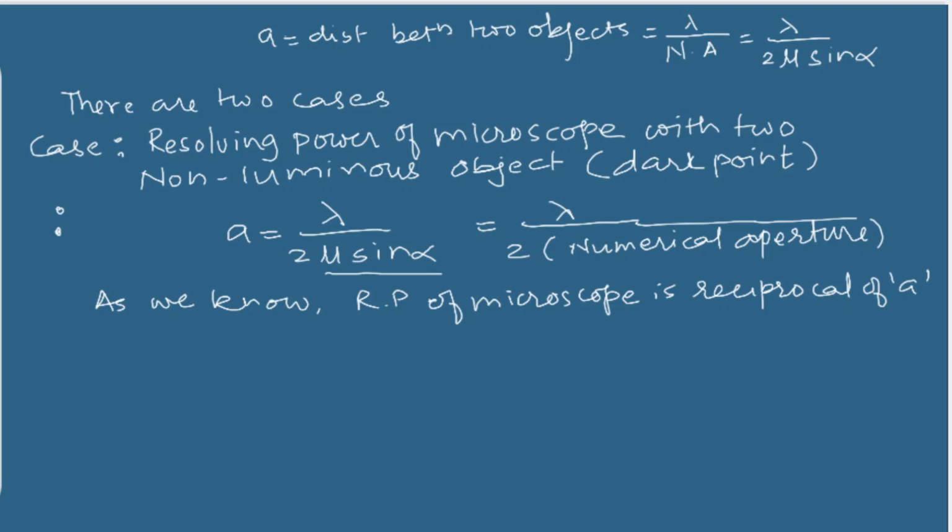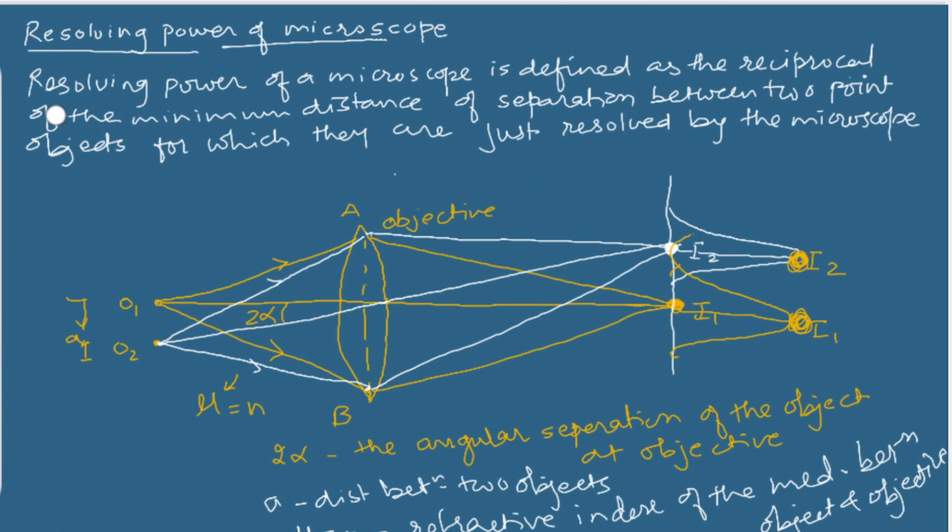In the previous slide we saw that resolving power of the microscope is defined as the reciprocal of the minimum distance of separation between two point objects for which they are just resolved by the microscope.